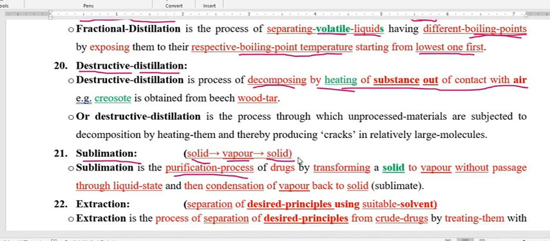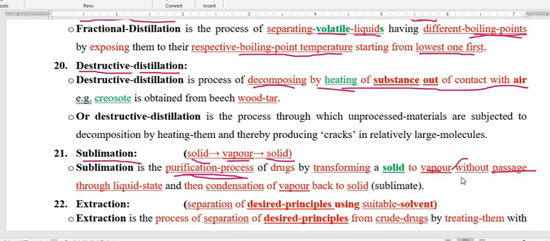So sublimation is a process of purification in which we transfer a solid to vapor, and then we condense the vapor, without passing through the liquid state.